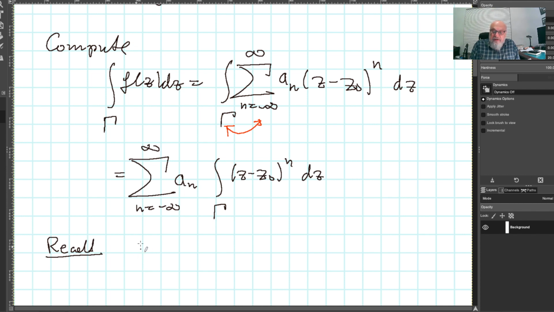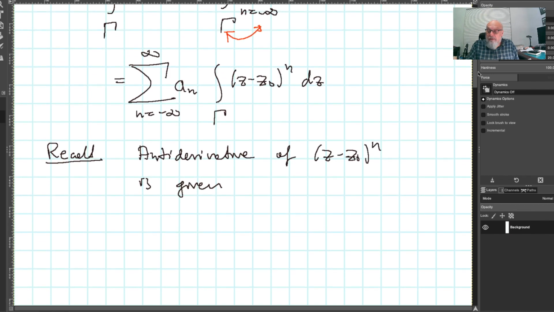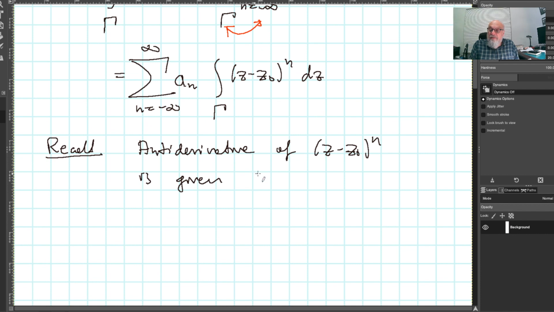So recall, the antiderivative of (z minus z0) to the power n is given by the formula (z minus z0) to the power n plus 1 divided by n plus 1, for n different than minus 1.